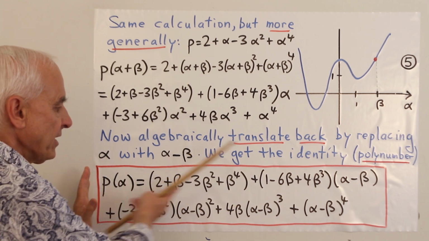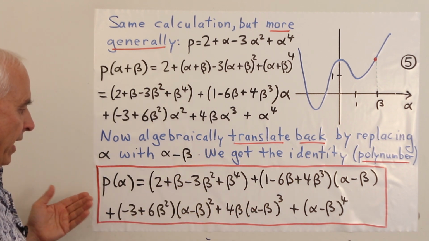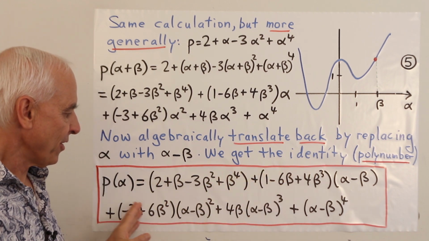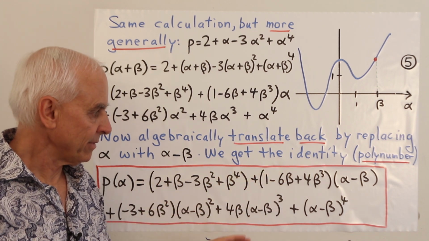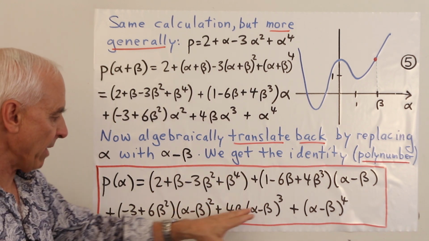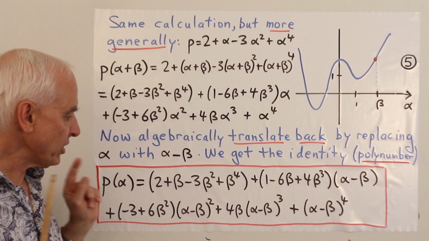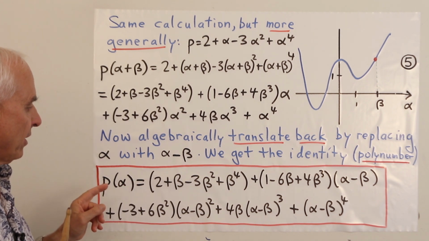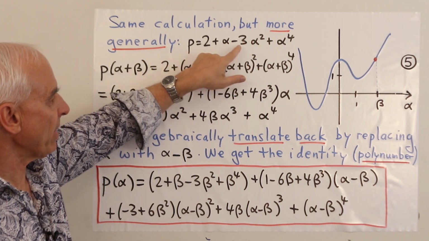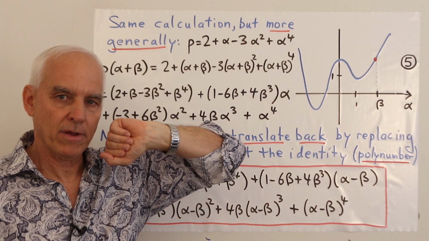Now this is an identity. What does that mean? It means that if you actually expanded the right-hand side, expanded everything out, got rid of all the brackets, expanded all these powers, what you would end up finding is that everything would simplify and you would just end up with these 4 terms, 2 plus alpha minus 3 alpha squared plus alpha to the 4th.